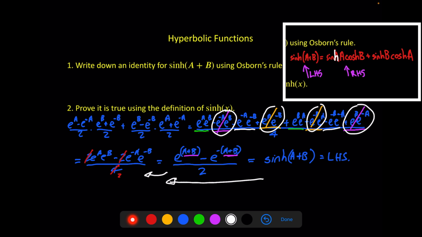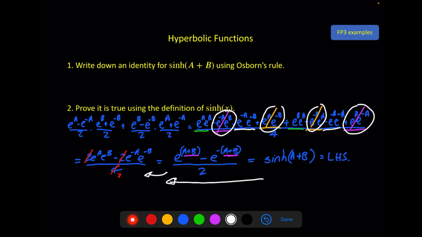So starting with the more complicated side has helped us here. And we have proven that sinh(A plus B) is indeed equal to sinh A cosh B plus sinh B cosh A, which is very similar to the trigonometric identity.